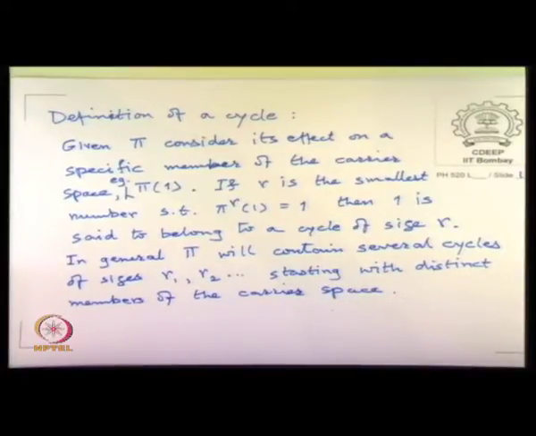So, the important fact we are moving towards proving is that once you represent elements of the permutation group in this cycle notation, you will find that under conjugate transformation the cycle structure does not change. So we shall see that.